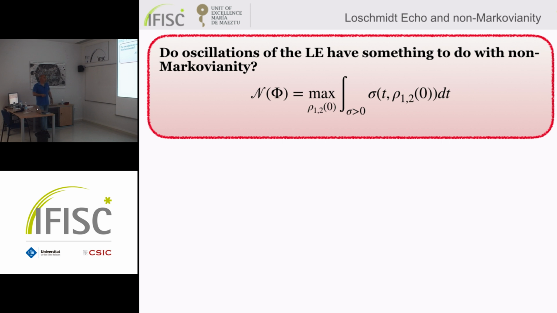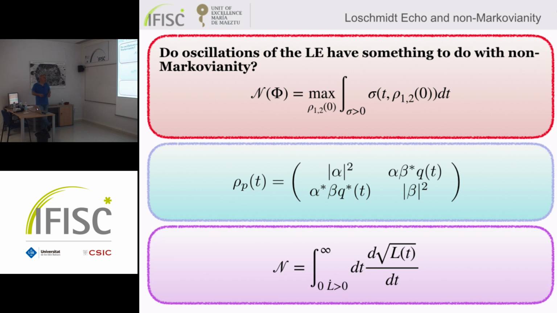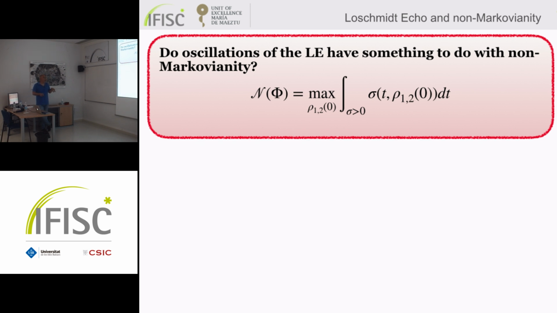The oscillations of this quantity have something to do with non-Markovianity. If you apply this measure of non-Markovianity to our evolution, you discover that the non-Markovianity is just the integral of the square root of the Loschmidt echo, calculated in the time windows where the Loschmidt echo is increasing.